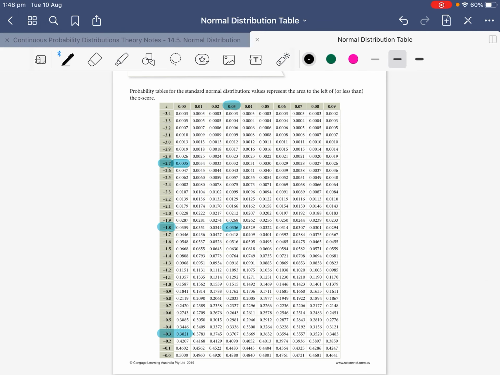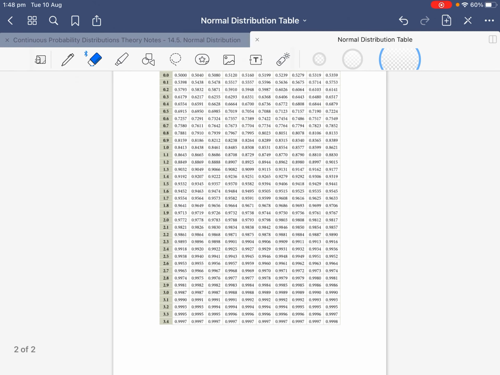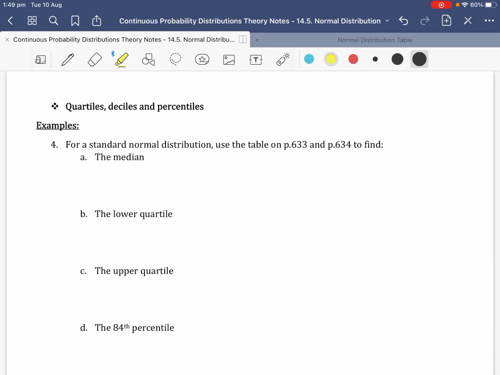So if we go to our table, I'm just going to erase everything on my table. And we're looking for 0.5. So 0.5 is this value here. So it means it's the z-score of 0. So that means our median equals 0.